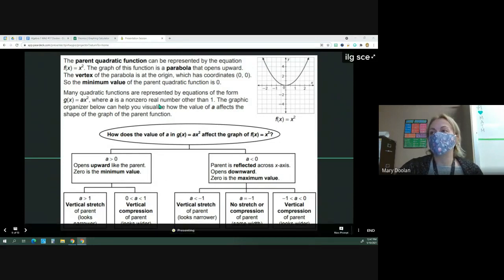So if you just look through here, it's bolded, opens downward. It's right here. And so that means that anytime a is a number smaller than 0, another way of saying this, a is negative, the graph will open downward. So we're going to look for where a is negative.